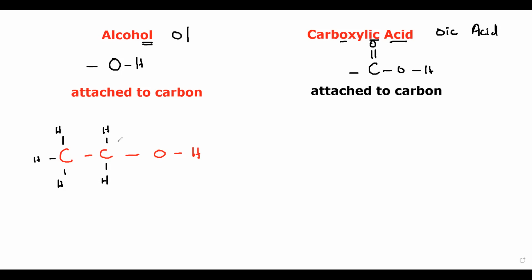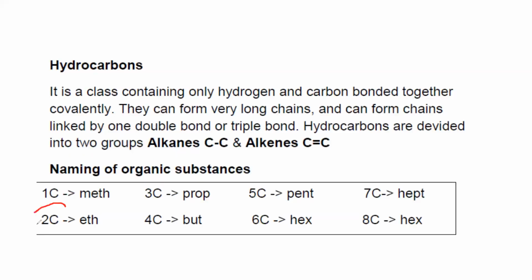Now we have to name this, in the same manner as before. For 2 carbon atoms, it's better you learn this table, which is very important: if we have 2 carbon atoms, we use the term eth.